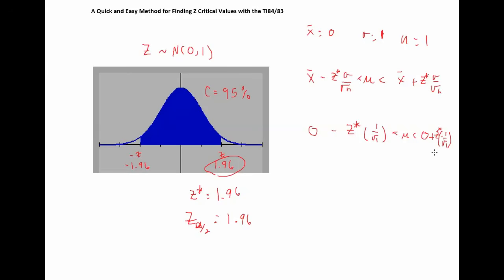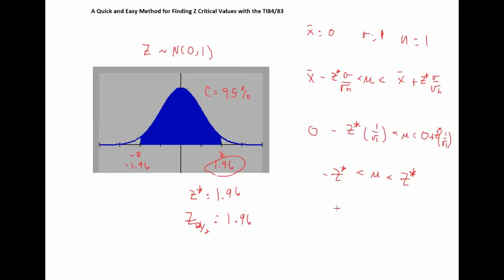1 over the square root of 1 is just 1, because the square root of 1 is equal to 1. So this all reduces down to negative z, and I'm putting a little star to indicate critical value. And so this is the interval that's created. Now we're not really doing a confidence interval for a problem, but this is what the program is doing.